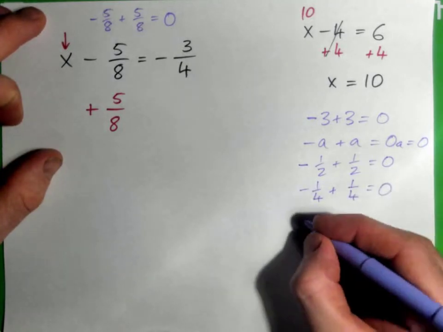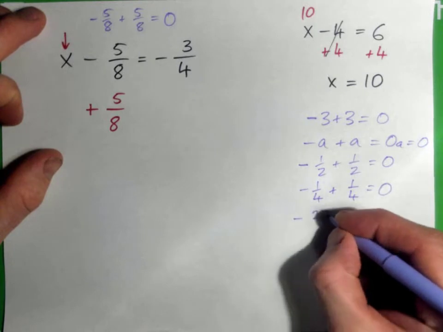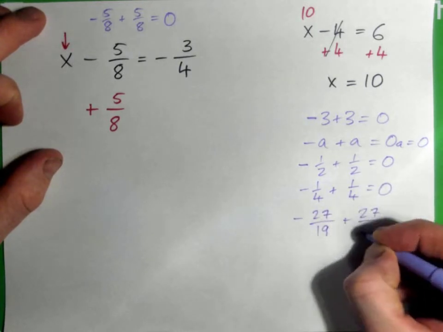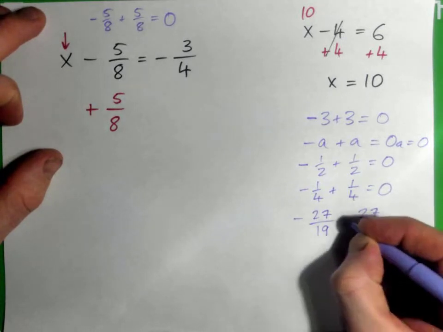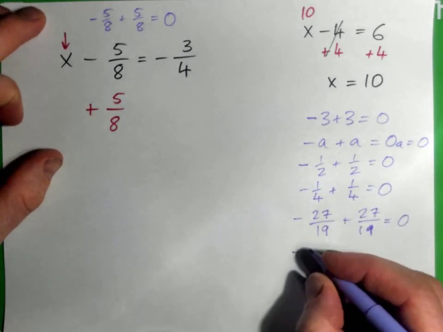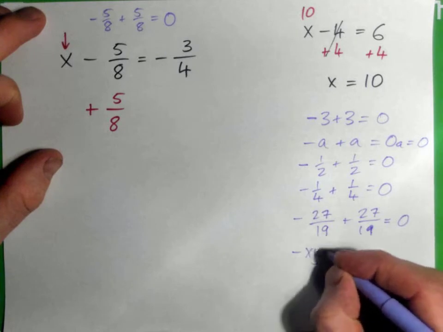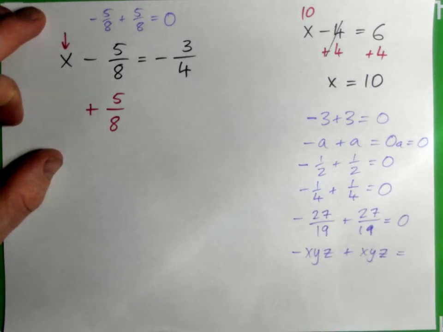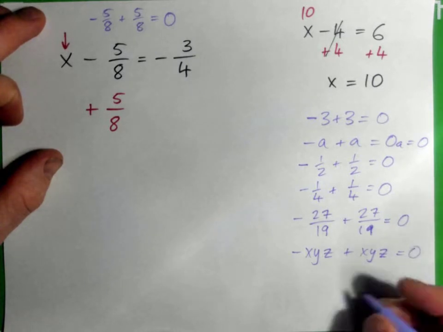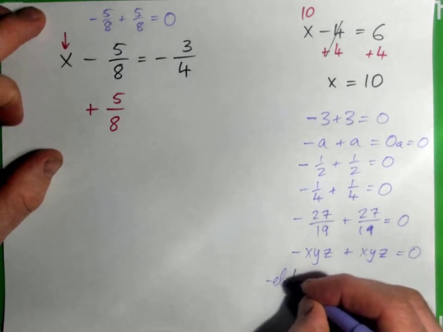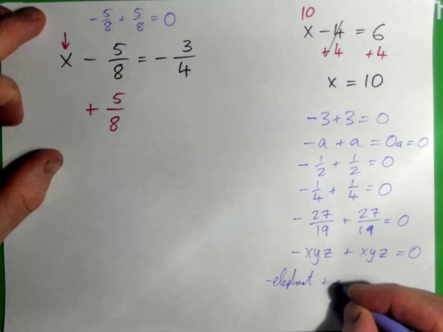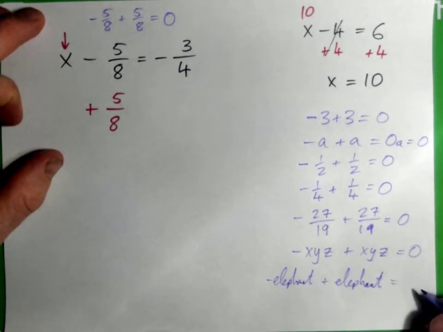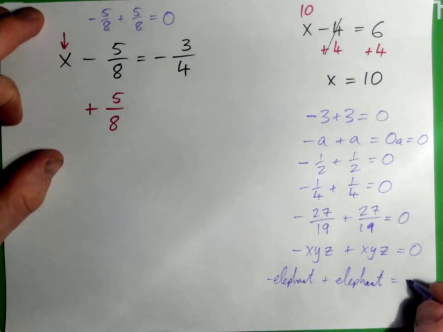Yep. How about negative 27/19 plus 27/19? What's that? Good. How about negative xyz plus xyz? What's that? Right. How about negative elephant plus elephant? What's that? 0 elephants, which is? You got it.